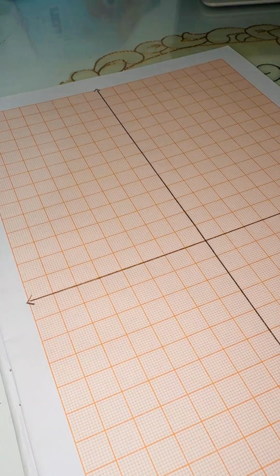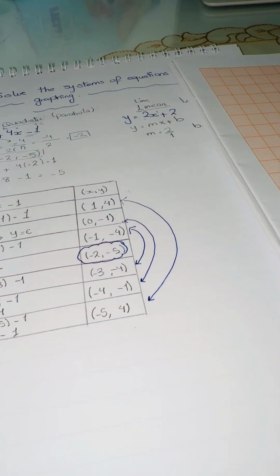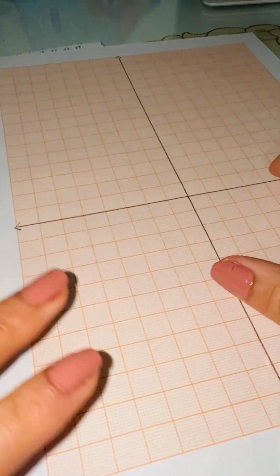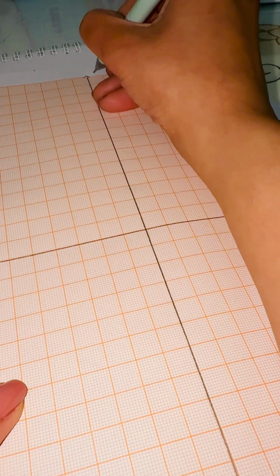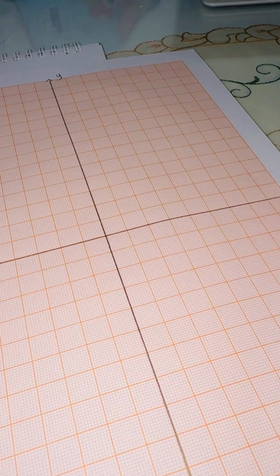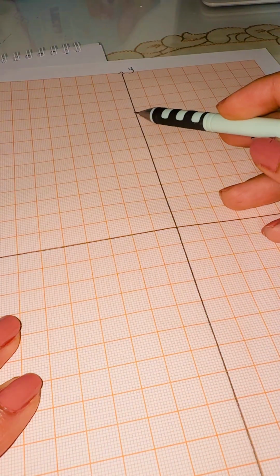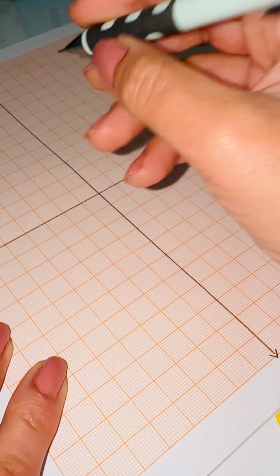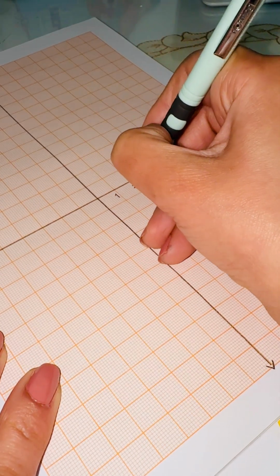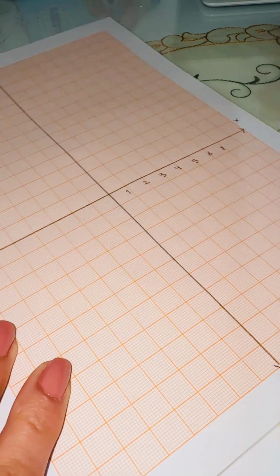Let's graph them together. First thing, I have to put my values here beside me. And when I'm going to graph, I need first to draw the axis. This is the y-axis, as you know, and this is the x-axis. The horizontal line is the x-axis, the y-axis is the vertical line. And then I will number my axis. So here 1, 2, 3, 4, 5, 6, and 7.